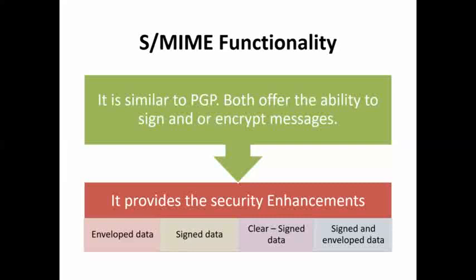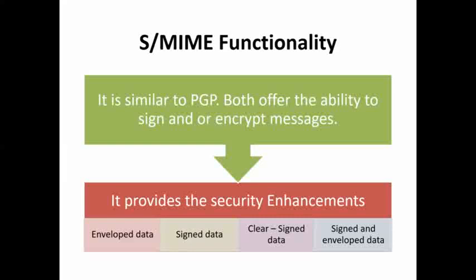The second is signed data. Signed data provides authentication. As the name indicates, signed data means someone is signing the data. Here we have the encoded message, which is in encoded format, plus the message digest. The message digest comes from hashing algorithms.